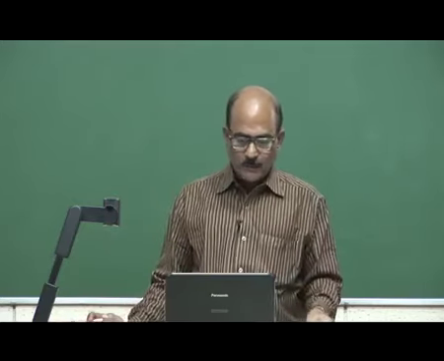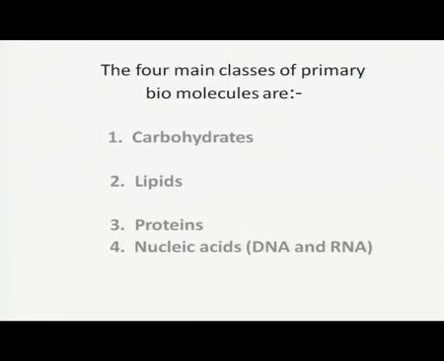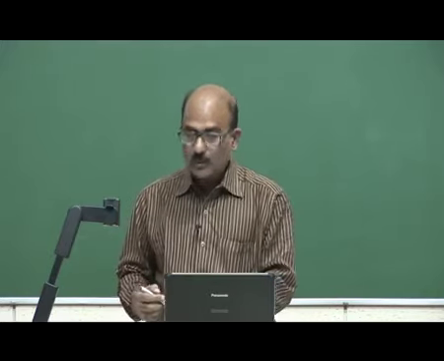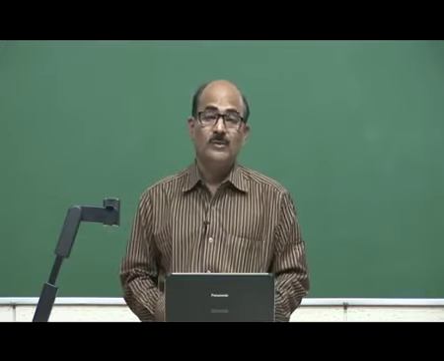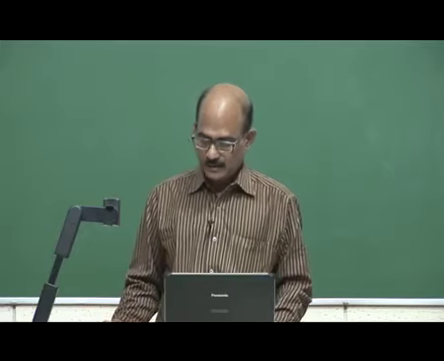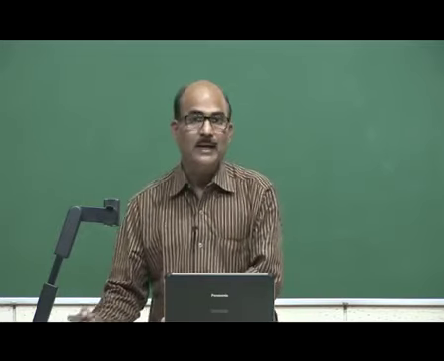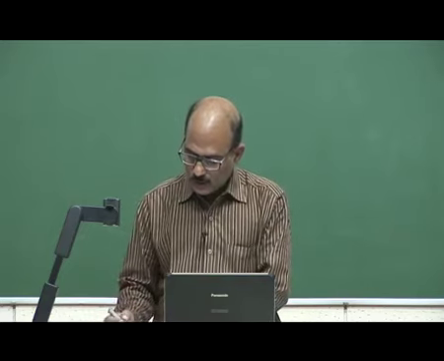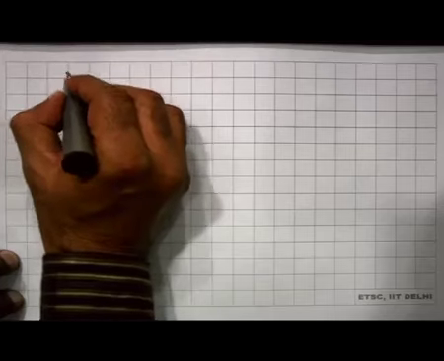Now, one by one, this is very important from your examination point of view, to see the structure of different types of monosaccharide. You can easily make this type of structure. So, first of all, monosaccharide.